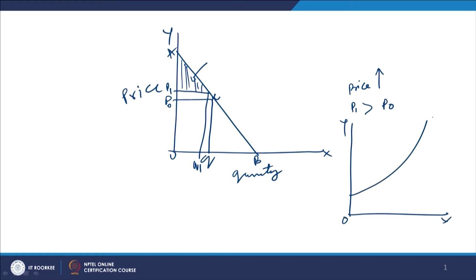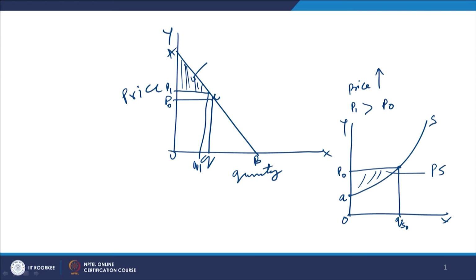If this is the supply curve and this is the point, say A, where the producer is not willing to supply any commodity, and if the market price is OP0, quantity supplied is 0, and now this area is producer's surplus.